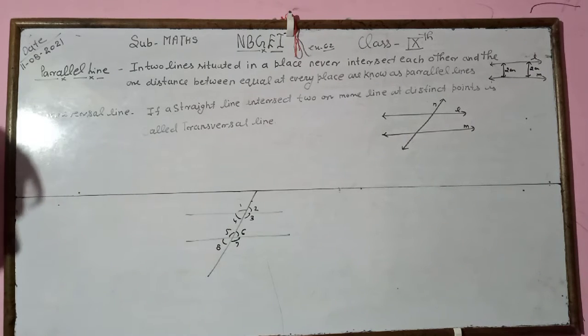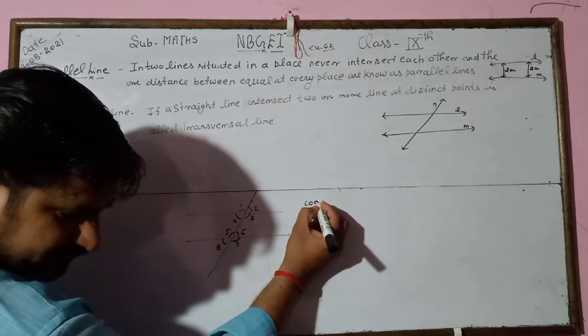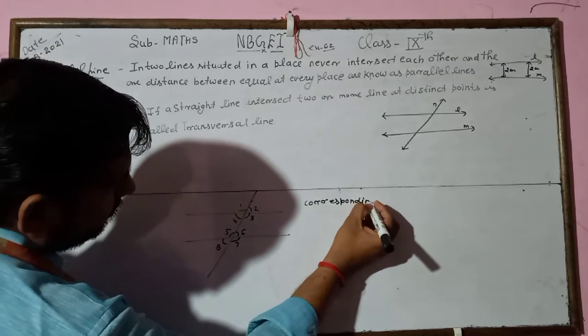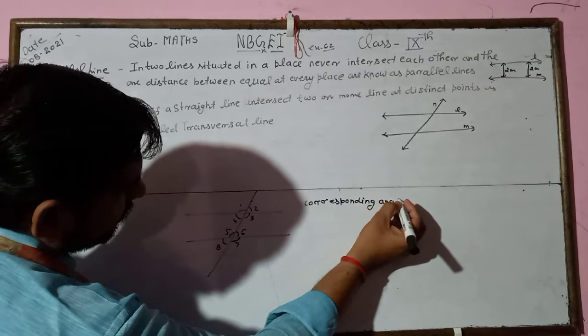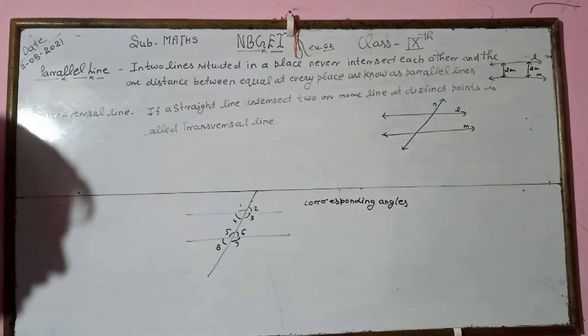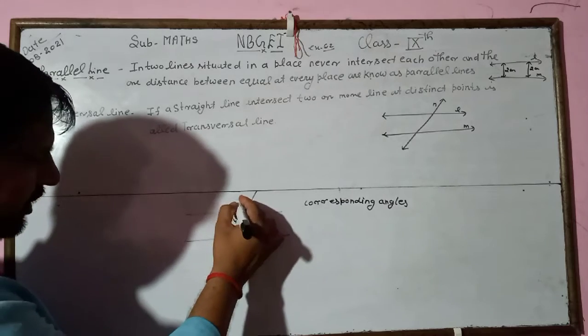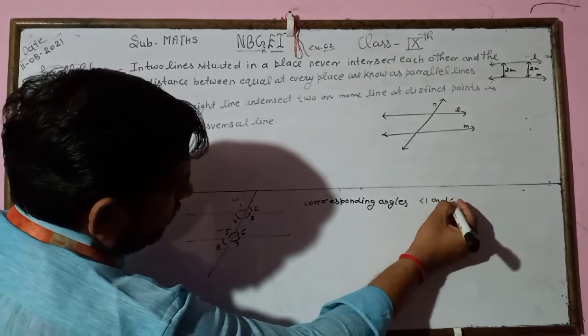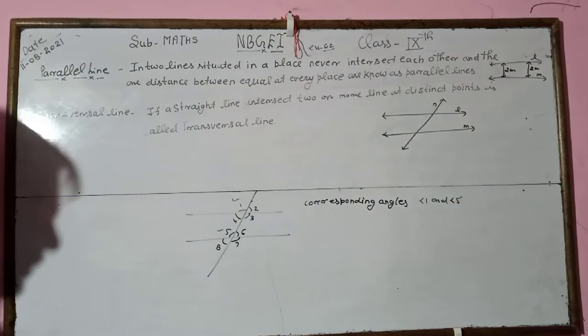First, corresponding angles. What are corresponding angles? Angle 1 and angle 5 are corresponding angles.